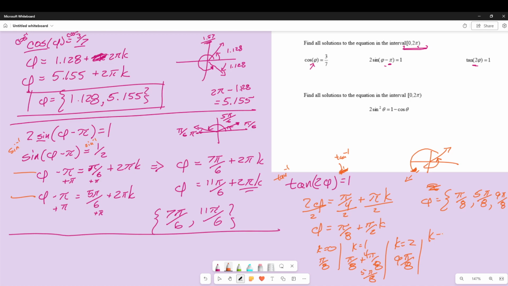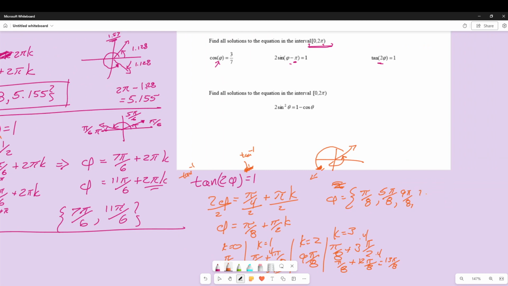If we let k equal 3, we're going to be adding another 4 pi over 8, or if you want to be formal about it, 3 times your pi over 2, and then get your common denominators, multiply by 4, pi over 8 plus 12 pi over 8 is 13 pi over 8. So that's another solution.